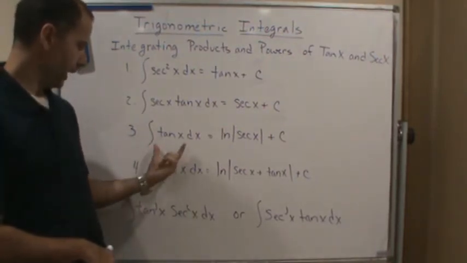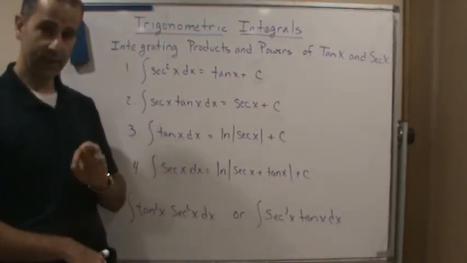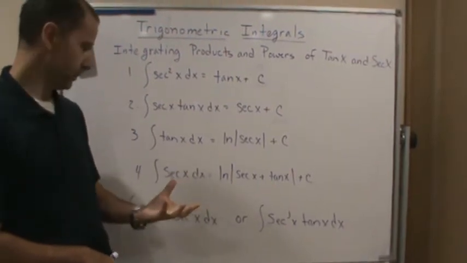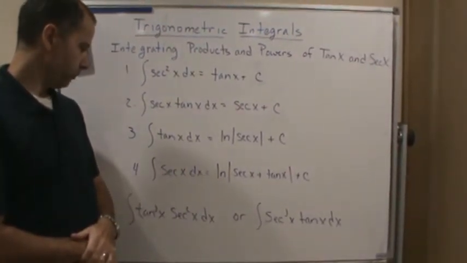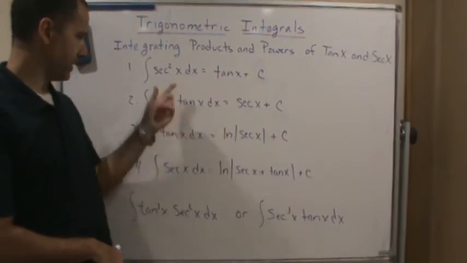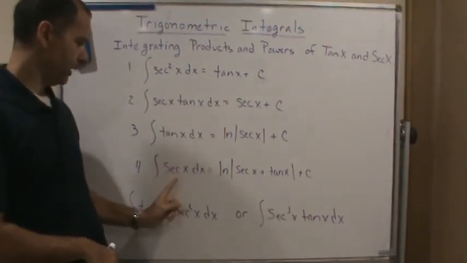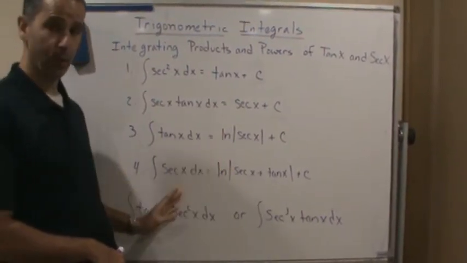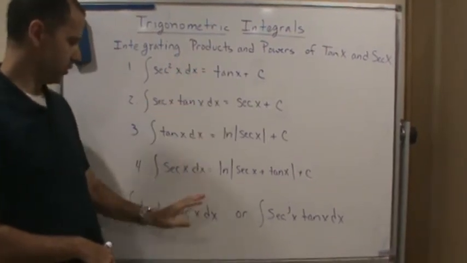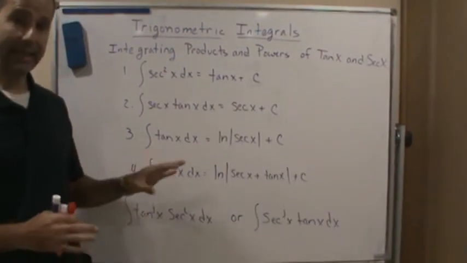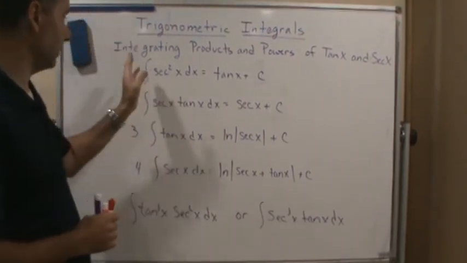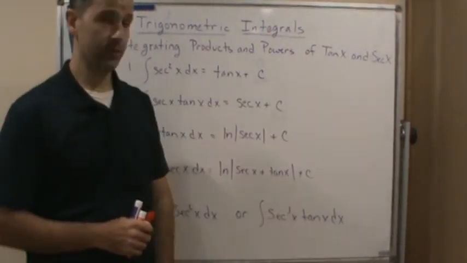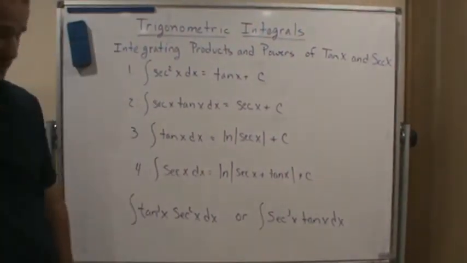You would have to rewrite these in a different way to do a u substitution. So it's better just to memorize these. These two you should know. These two you can derive, but again, memorize them, because these are the substitutions you're going to use in these types of problems when you're dealing with products and powers of tangent x and secant x.